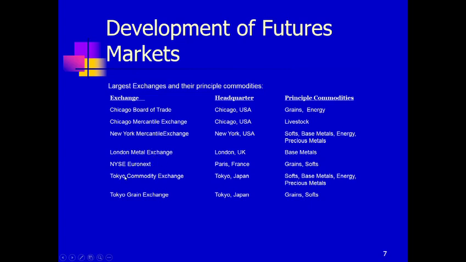You've got the Tokyo Commodities Exchange and the Tokyo Grain Exchange. In London, it's probably the largest market for metal. You go to the London Metal Exchange for trading metals. So depending on what you want to focus on, what you're trading, you go to different types of exchanges around the world. I'll give you some examples of what Australia trades a little bit later on.